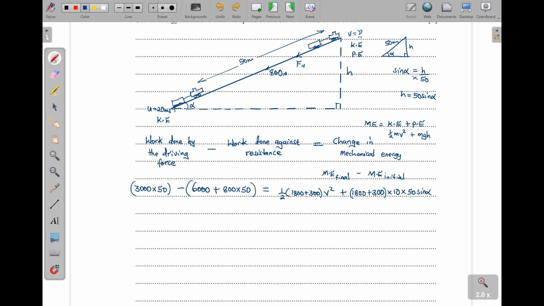Okay, now let's see what we are getting. Oh, there is also, this is final mechanical energy, then minus the initial. It is only the kinetic energy here. So it is a half, then times the sum of the masses, 1800 plus 300. Then the velocity was 20, squared.